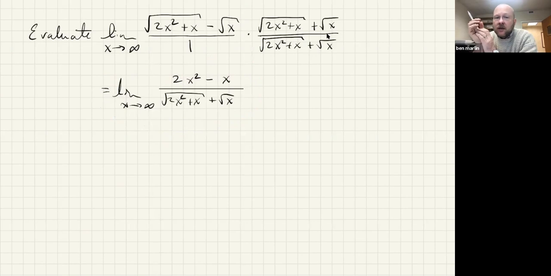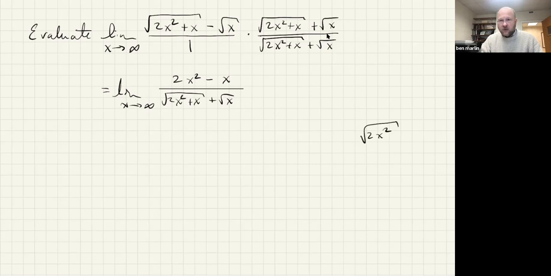So this, we're going to have to think about how to divide the top and bottom by the power of the bottom. The bottom has a square root of a square. If it was just the 2x squared, we would think about it as being power 2.